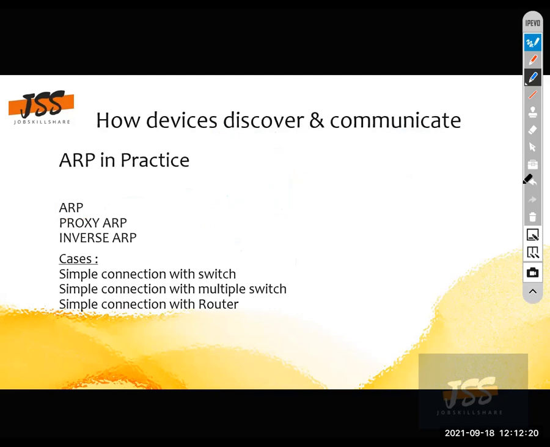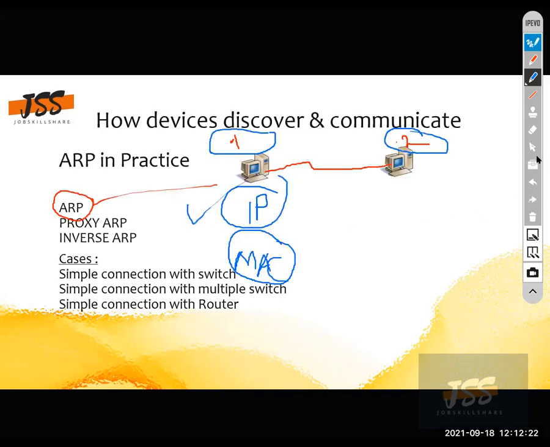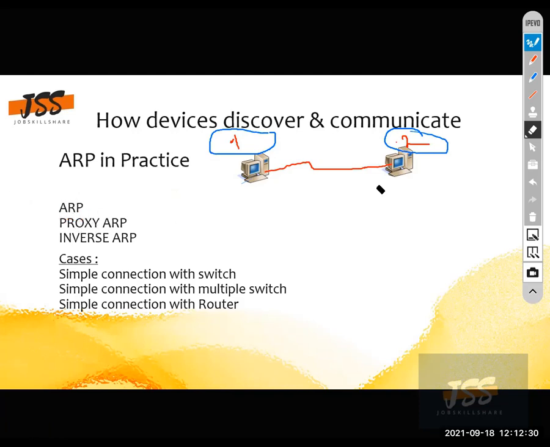I just want to remove some of the part, not all. So what happens when this computer boots up? It has an IP, but it does not know the MAC address of this one, though it has a very good idea about this .2 address.